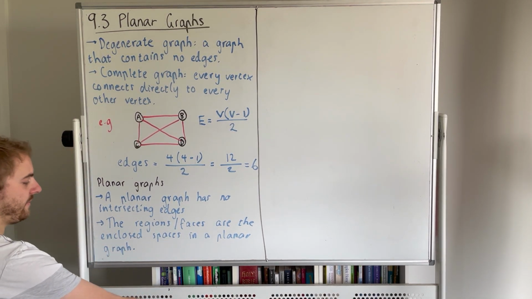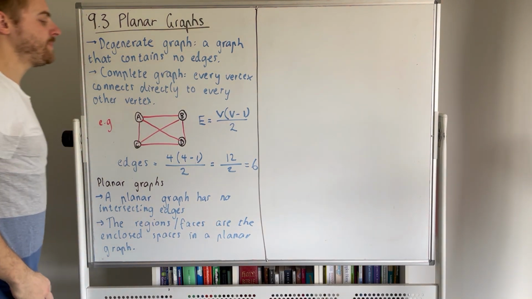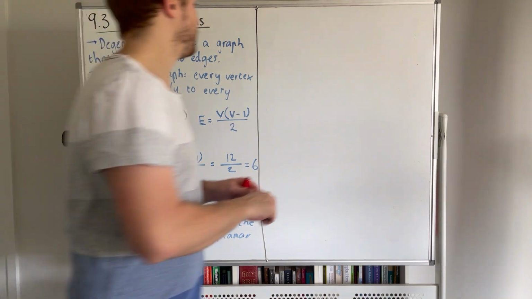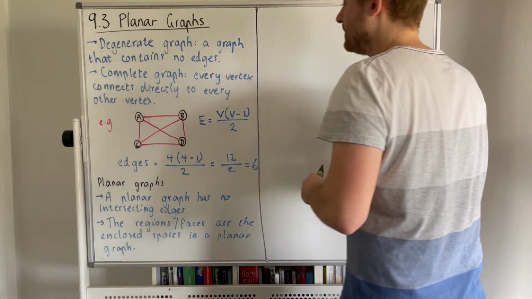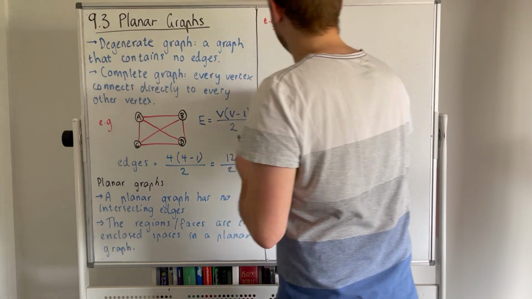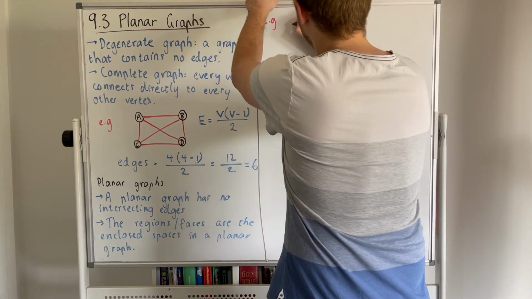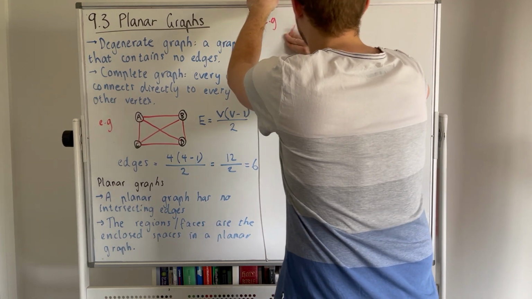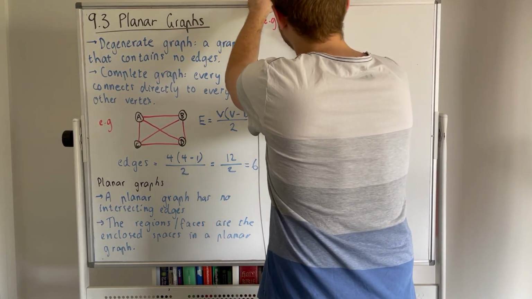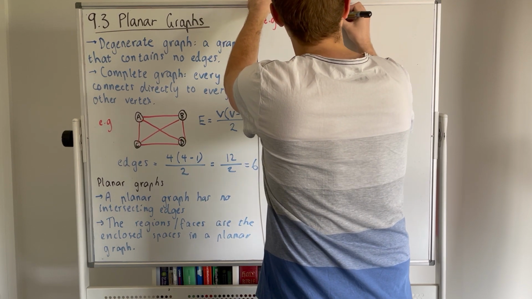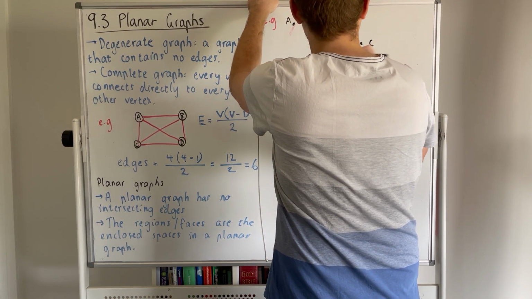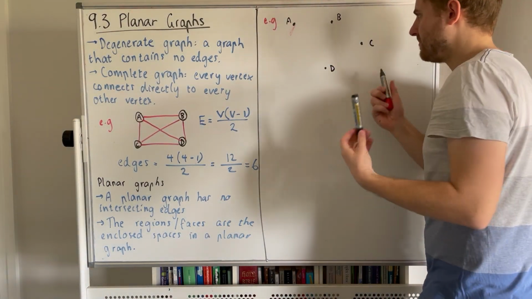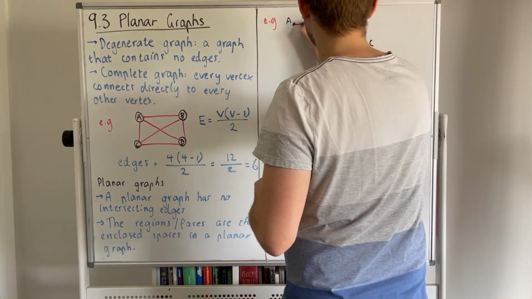So the regions or faces, they're the enclosed spaces inside of a planar graph. Notice with this one, I've just drawn the letters next to it. That's fine. Sometimes you get situations where it looks like that.